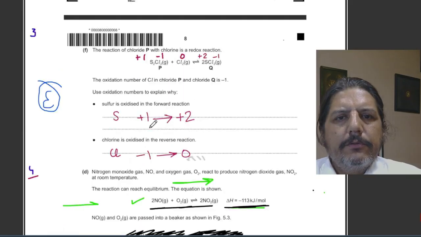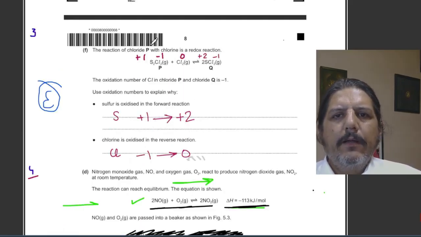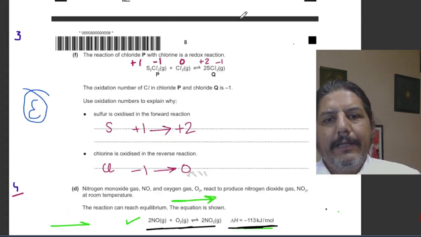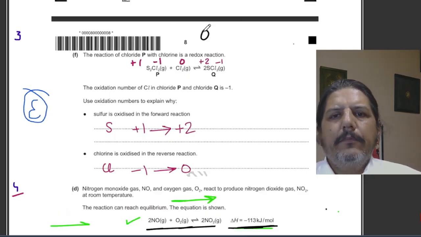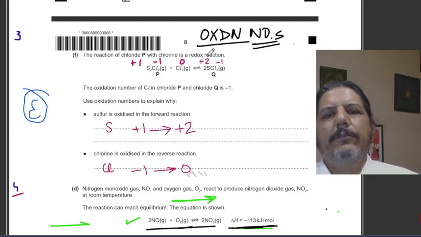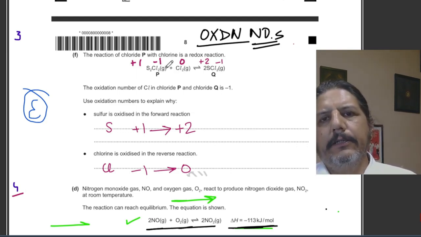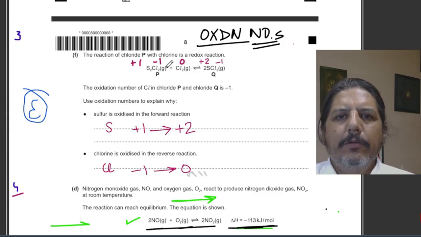There's another small question I wanted to discuss. Again, this is a very interesting question. This plays on oxidation numbers also. I hope you are thorough with oxidation numbers. If you are not, I'll put the link of one of my oxidation videos in the notes, and you can have a look at that.